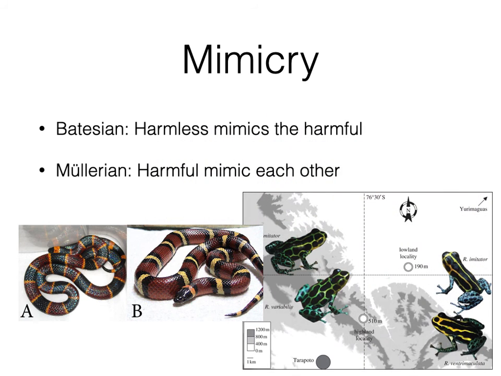An example of Mullerian mimicry we can find in poison dart frogs. Here are different species that live in different geographical locations in Central America. You can see that their color patterns aren't exactly the same, but they all involve some combination of blue, green, yellow, contrasted with black, right?